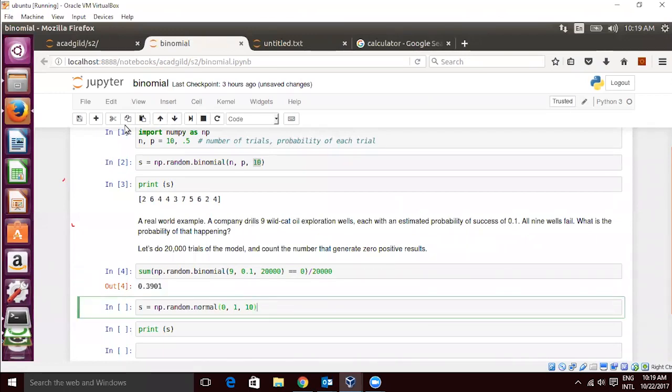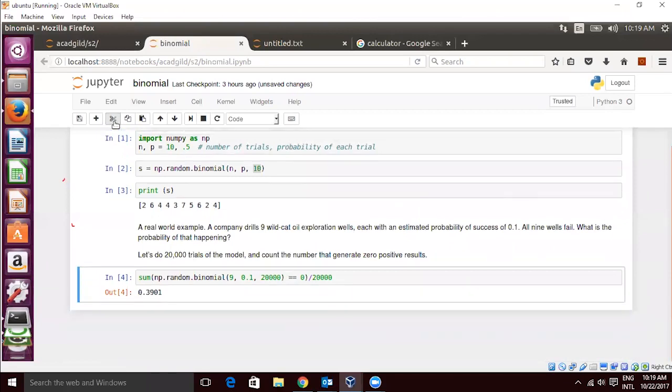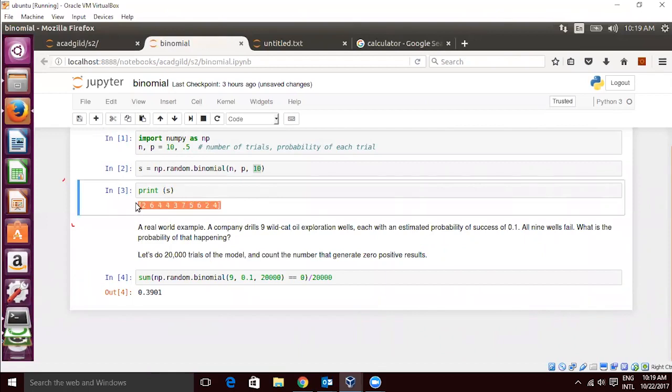Let me delete this. Any doubts on this example? It's simple. I didn't do anything other than a simple thing. When you take a binomial distribution, the probability and the number of trials are very important. When someone gives me the number of trials and the probability of success, I can generate any number of binomial random variables.